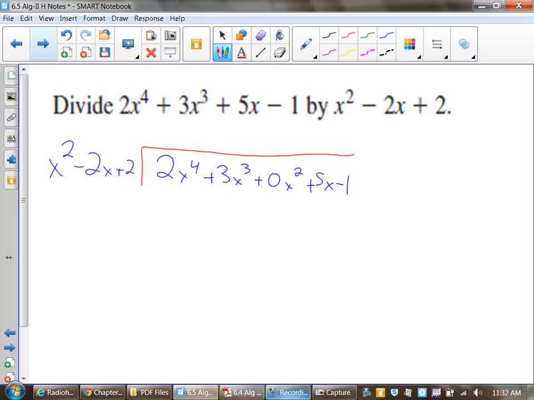Once again, I want to turn x squared into 2x to the 4th. What do you multiply x squared by to turn it into 2x to the 4th? Perfect, 2x squared. Where am I going to place that? Over the x squared. Take this now and multiply it to all three of these.